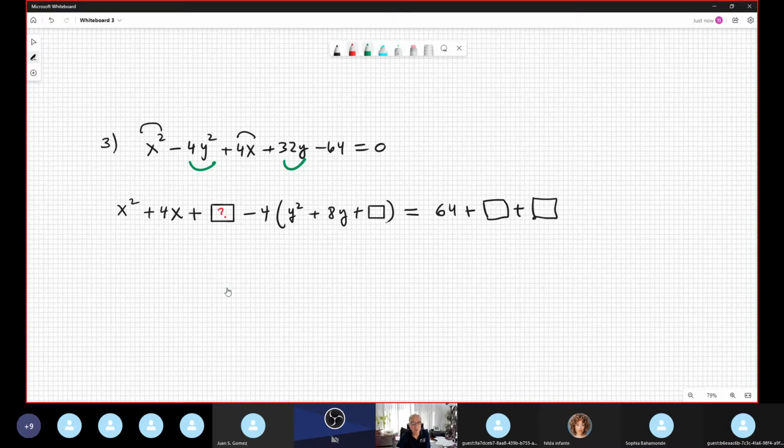And after, what is the magic number here in this box? Question mark. Help me. Any help? I'm lost. What do you think? In the x part, what is the magic number? This is classical. This is called algebra.